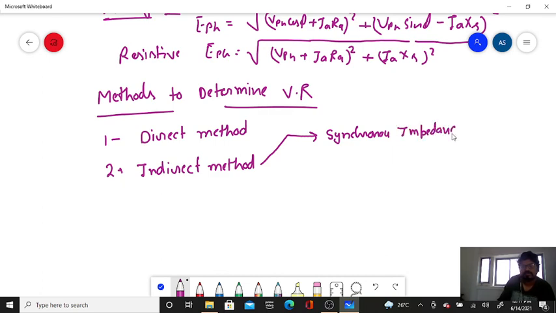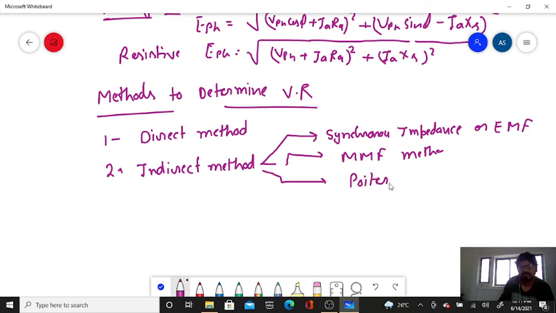Second one is the MMF method. Third one is the Potier triangle method. Fourth one is the ASA method. We'll discuss them one by one.